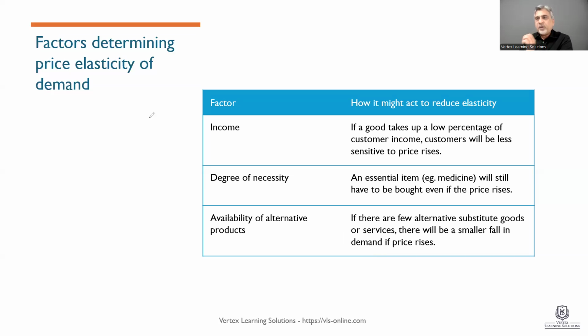Remember, if your product demand is sensitive to price, then businesses need to be more careful before they take decisions on pricing. There are some businesses on the other side which are monopolies.